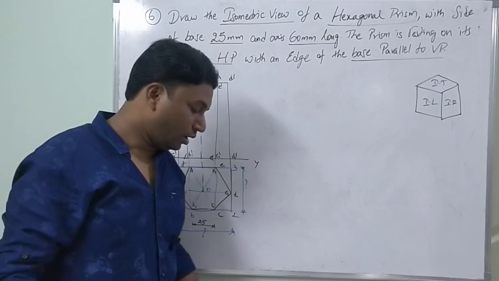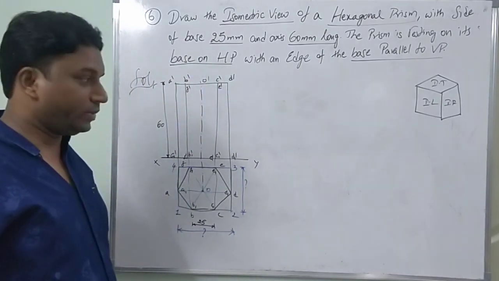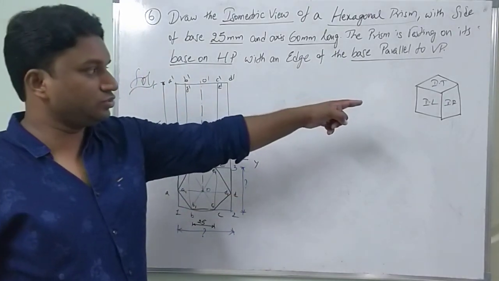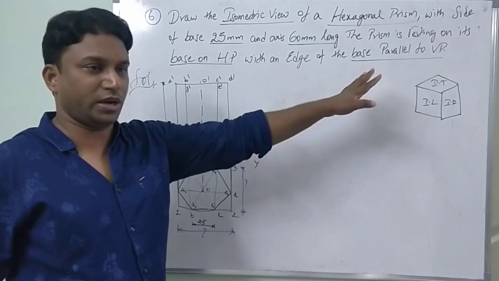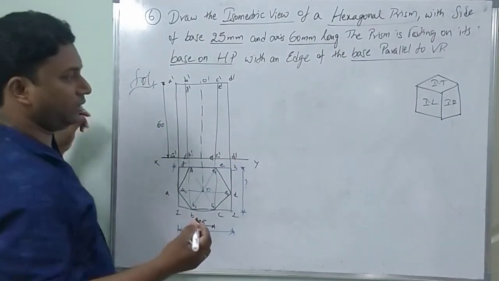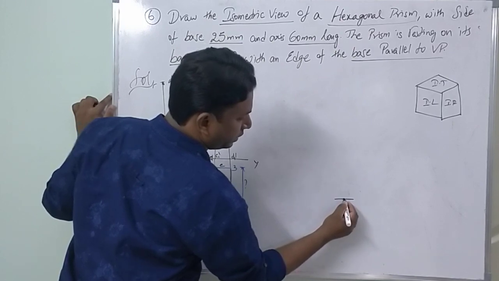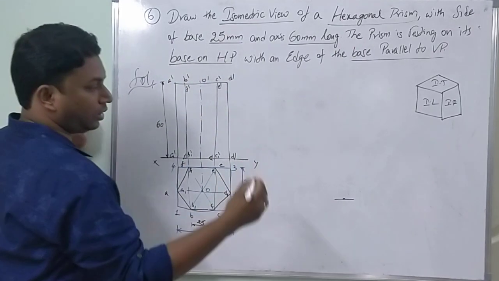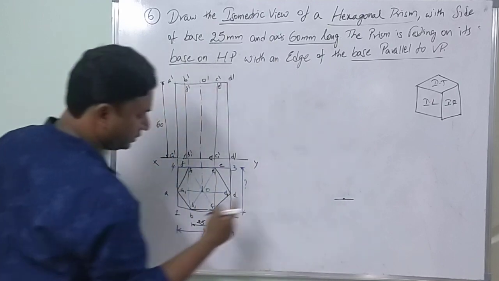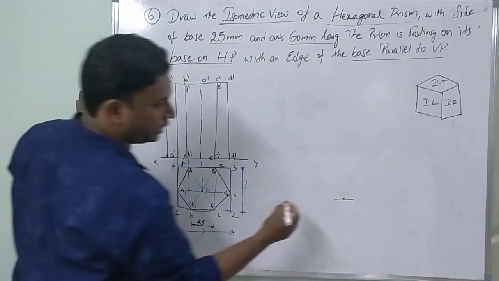Now think here, how about drawing the isometric view? We are supposed to generate iso left, iso right and iso top. Same here, how to do that? Draw a straight line, take the reference point, draw 30 degree lines, with reference to 1.